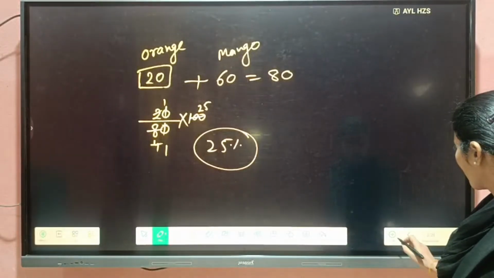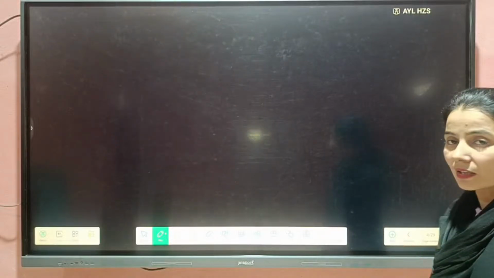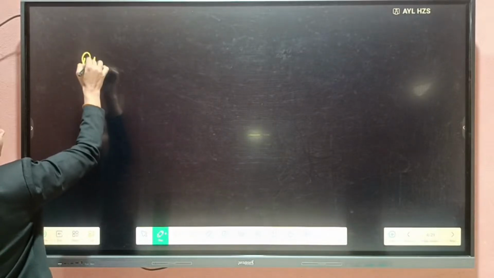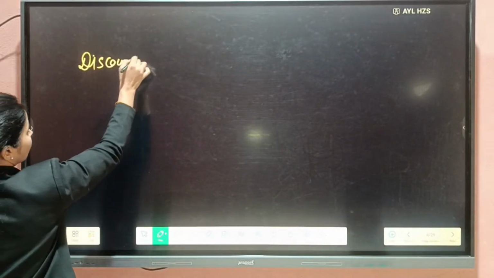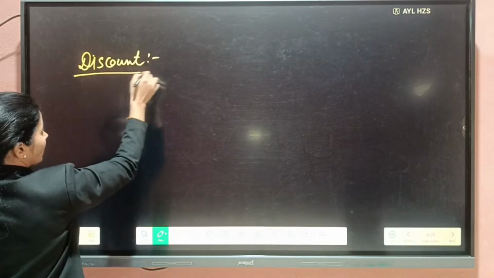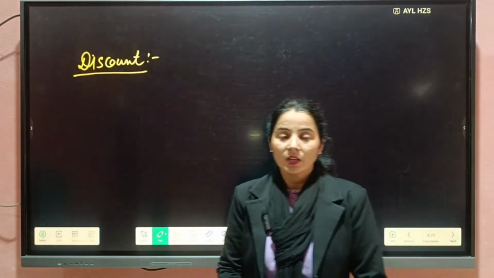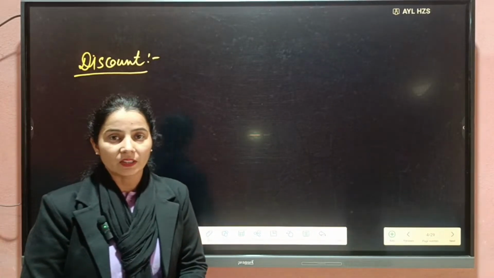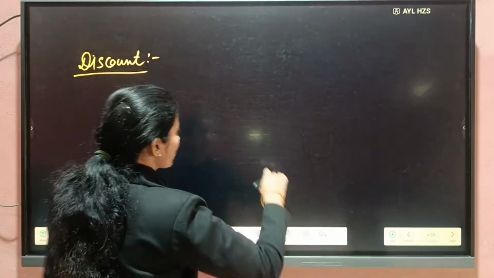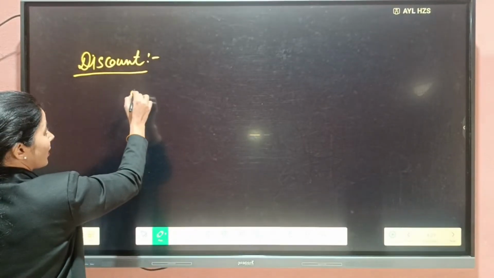Now what is the next point? The next point is discount. What is discount? Discount is a reduction of price on any item. It is given by shopkeepers to attract their customers or to enhance their sales. And discount is always given on marked price.